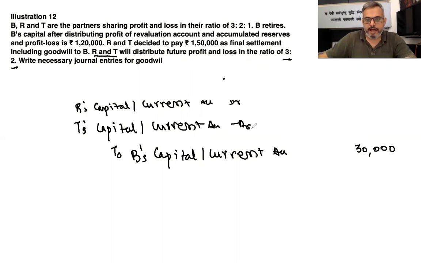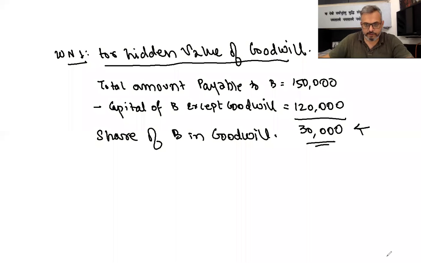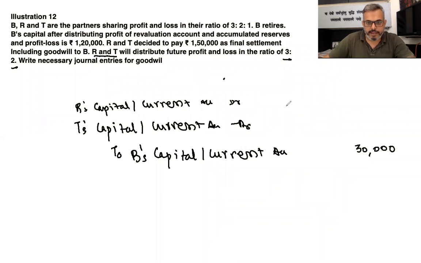and we debit R and T. In what ratio? In the ratio of their gain, which is, let's go to that page, which is 8 is to 7. Ye wala, 8 is to 7. So over here, 8 is to 7.